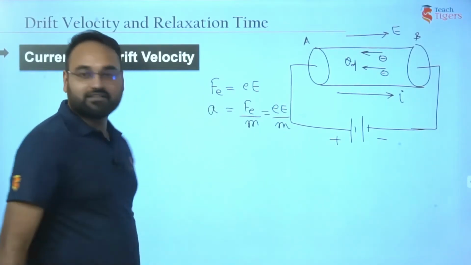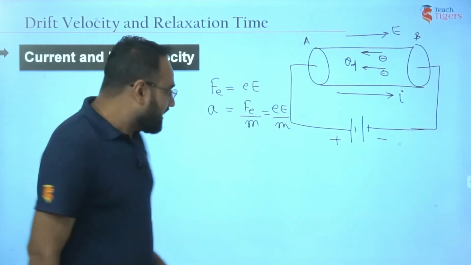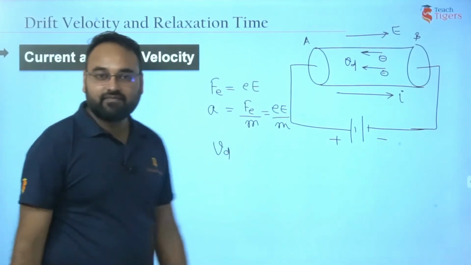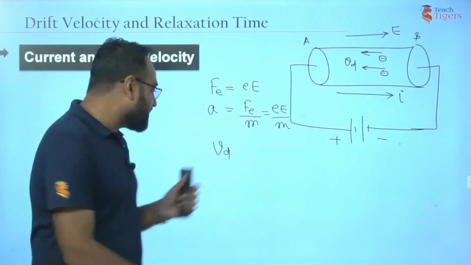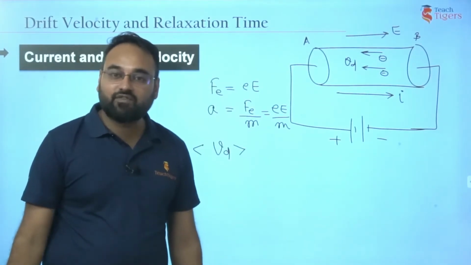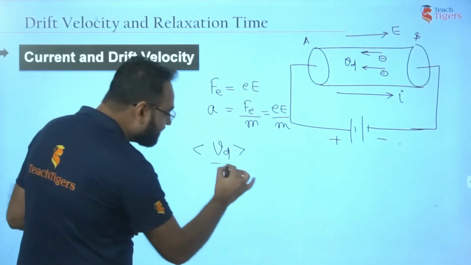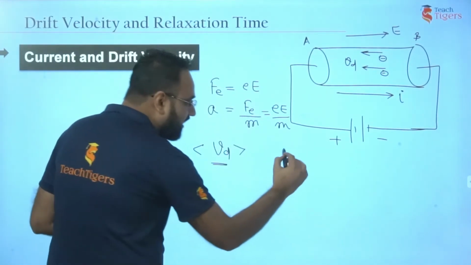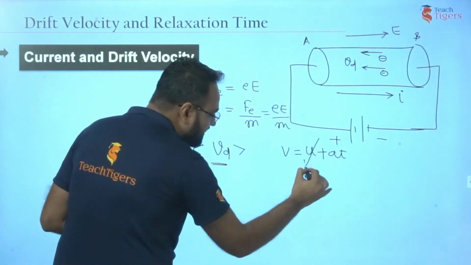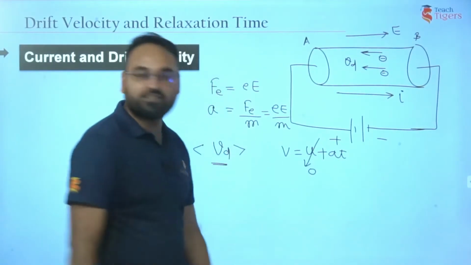This is the acceleration. Now if we talk about the average drift velocity Vd, how can we find it? We can use the formula v is equal to u plus at, and we assume that the initial velocity of these electrons is 0.